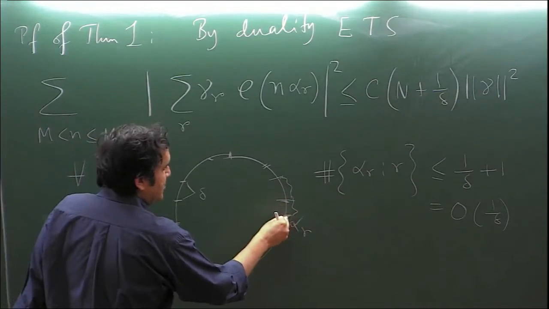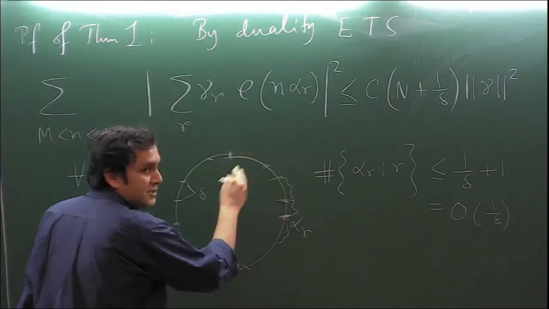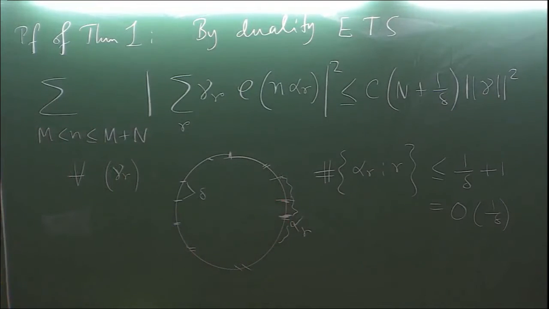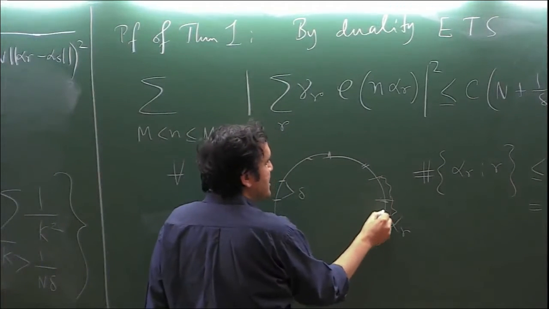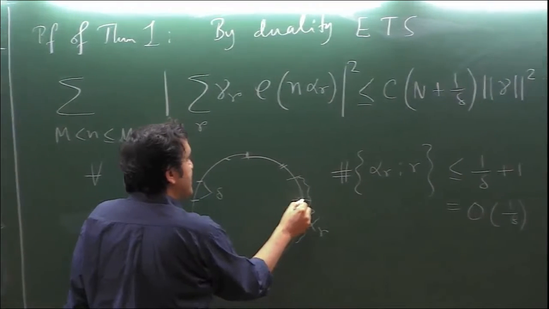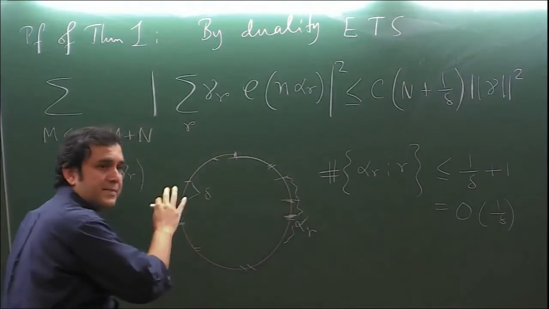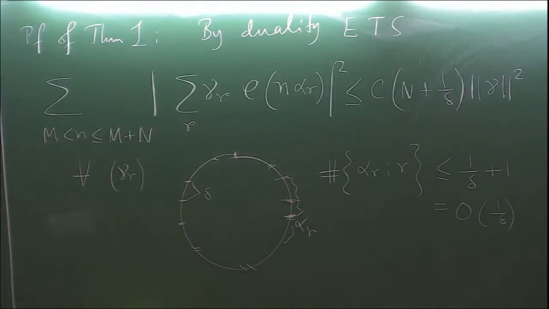So as you go from 0 to delta, delta to 2 delta, 2 delta to 3 delta, you can have at most finitely, boundedly many. So I start from alpha and then start counting 0 to delta, then 0 to 2 delta, etc. At each step I have a bounded number of things, so we get this sum.